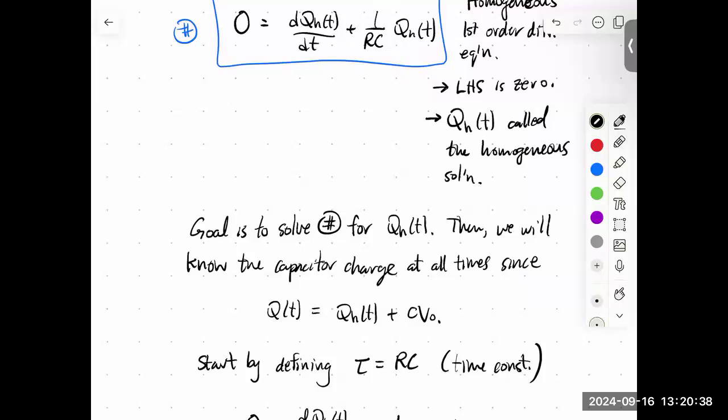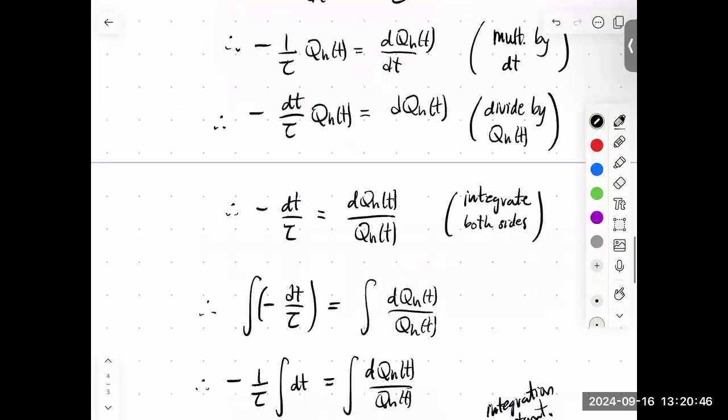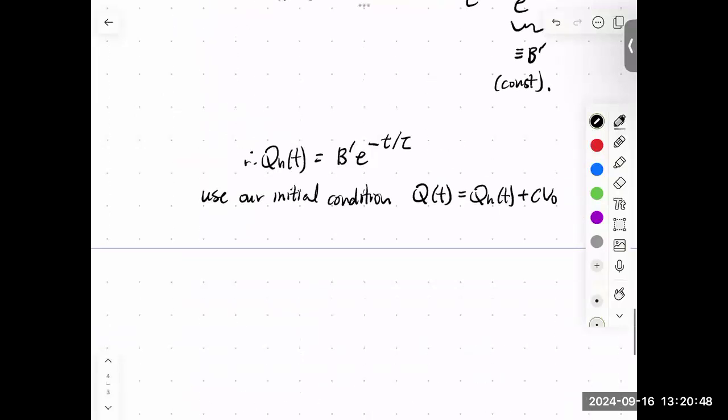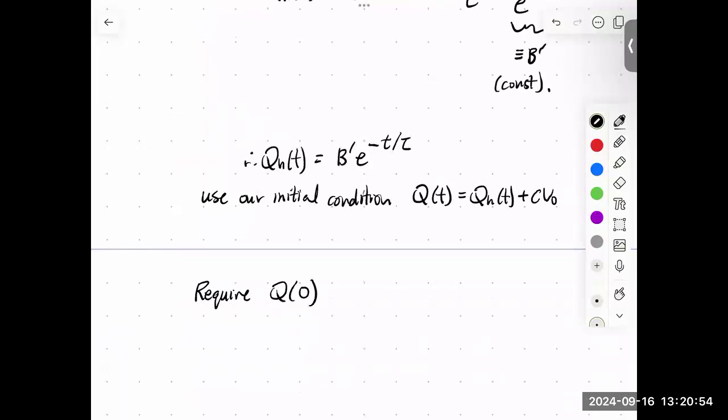And our initial condition was what? At time t equals 0, this charge had to be 0. So we require q at time t equals 0 equals 0. So therefore 0 is equal to QH of 0 plus C V naught.